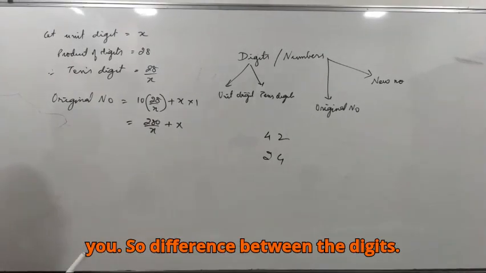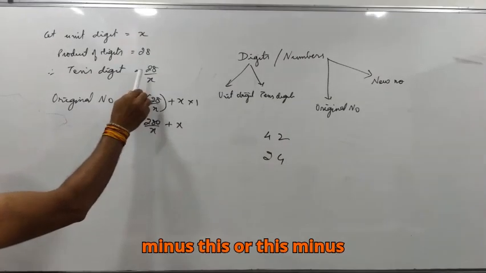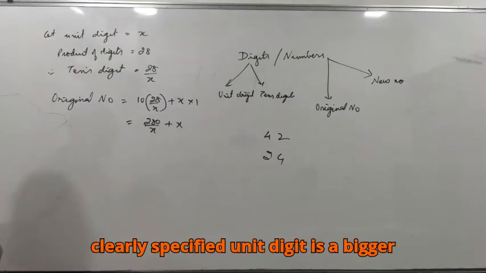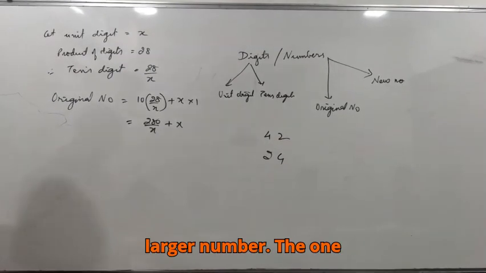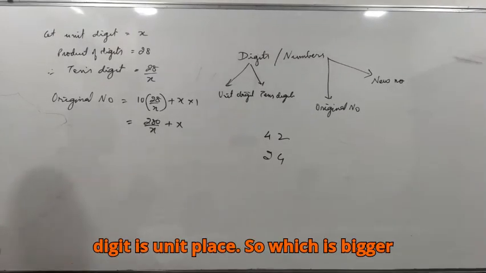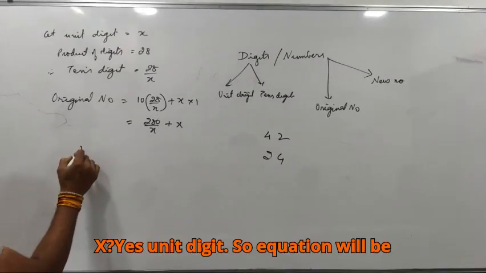So the difference will be this minus this or this minus this. Now in the question it is clearly specified that the bigger of the two digits is the unit place. So which is bigger? x, yes, the unit digit.